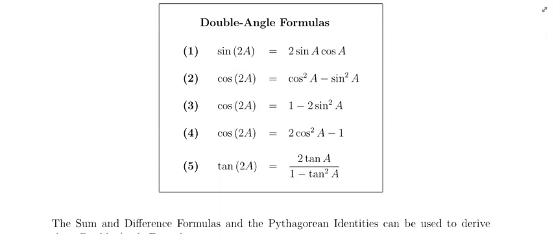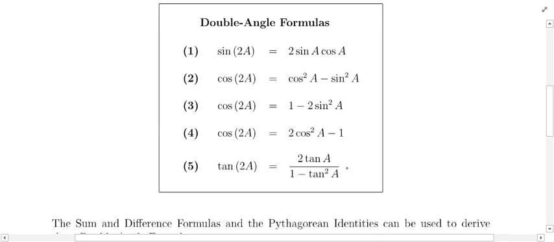The first double angle formula for the cosine of 2A is equal to the cosine squared of A minus sine squared of A. Number 3, another formula for cosine of 2A, is 1 minus 2 times the sine squared of A. The third double angle formula for cosine, which is the 4th equation overall, says cosine of 2A is equal to 2 cosine squared A minus 1.